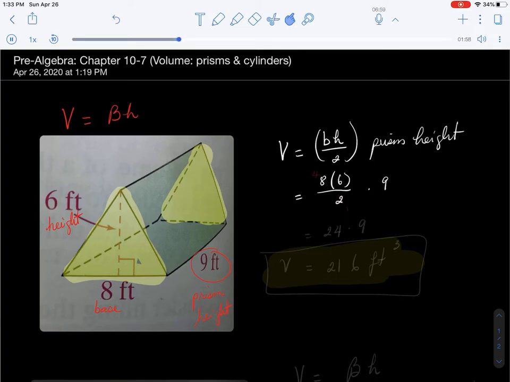Okay, let me cancel out. That is 1, that is 4. So what we have here is 4 times 6 is 24. 24 times 9 is 216 cubic feet.